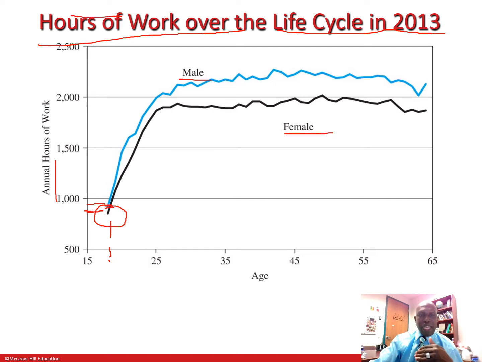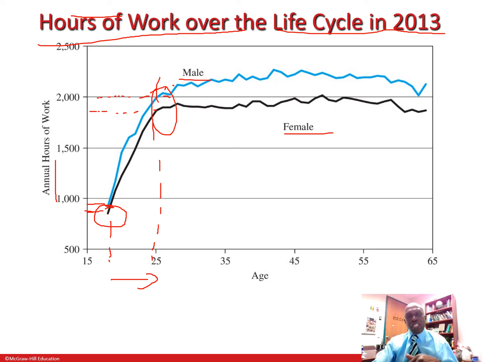But as the age starts to increase, men work slightly more hours than women. At the age of 25, for instance, females are working about 1,800 hours per year, while males are working about 2,000 hours per year.